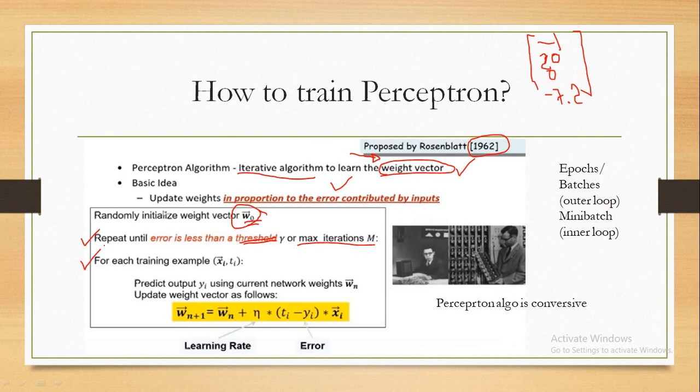Just ignore that right now; we will discuss the threshold later. For now, just consider repeating for max iterations, with the value 10.